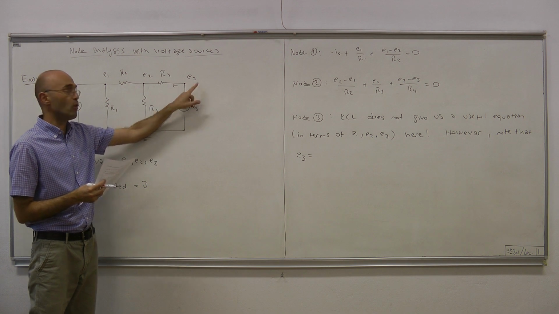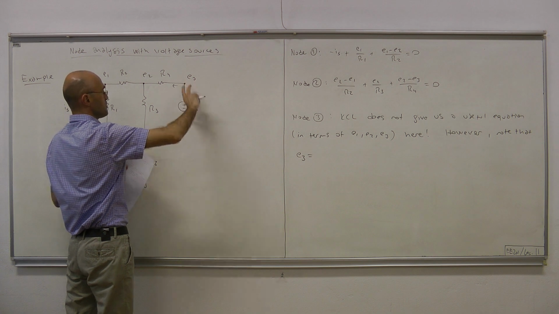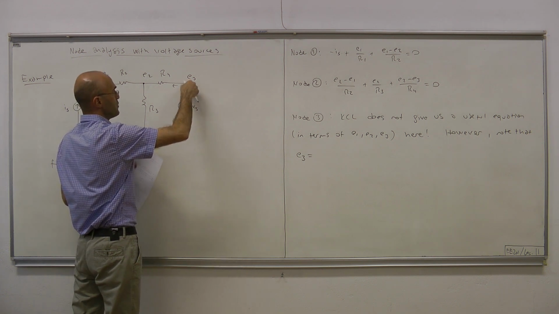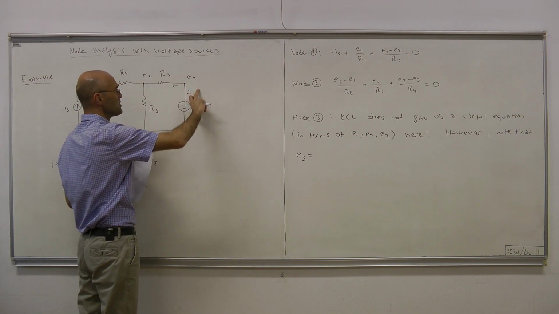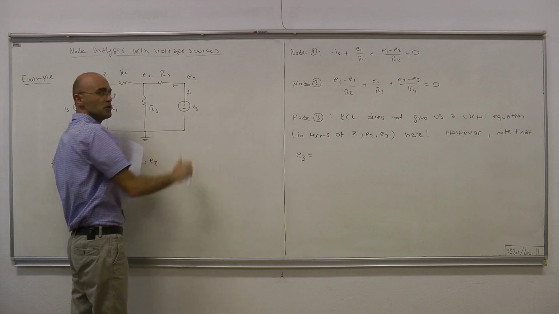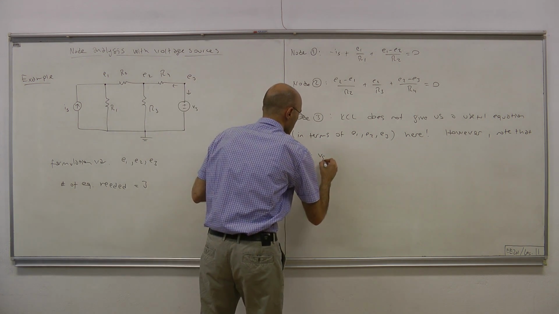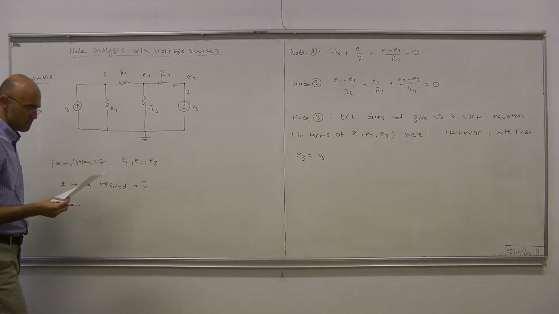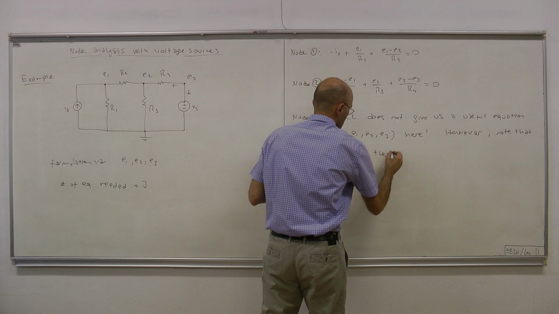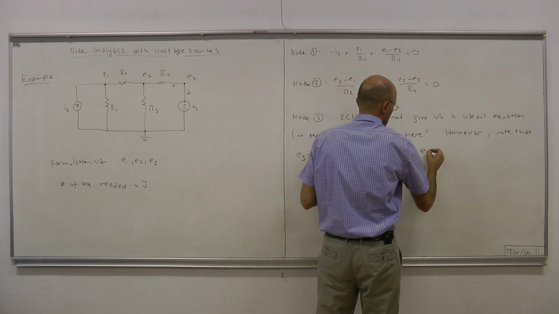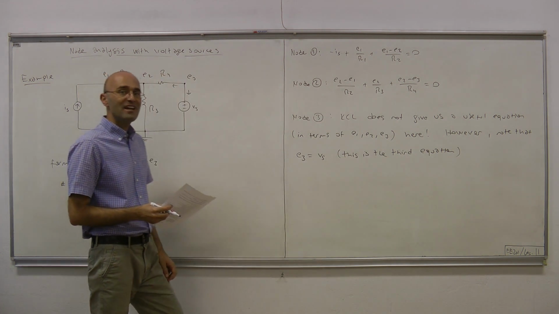And the third equation is this. Note that since between this node and the ground node there is a voltage source, this node voltage must equal the voltage provided by the voltage source. In other words, E3 is no other than Vs. This is the third equation. Note that this is not an equation that needs to be solved.